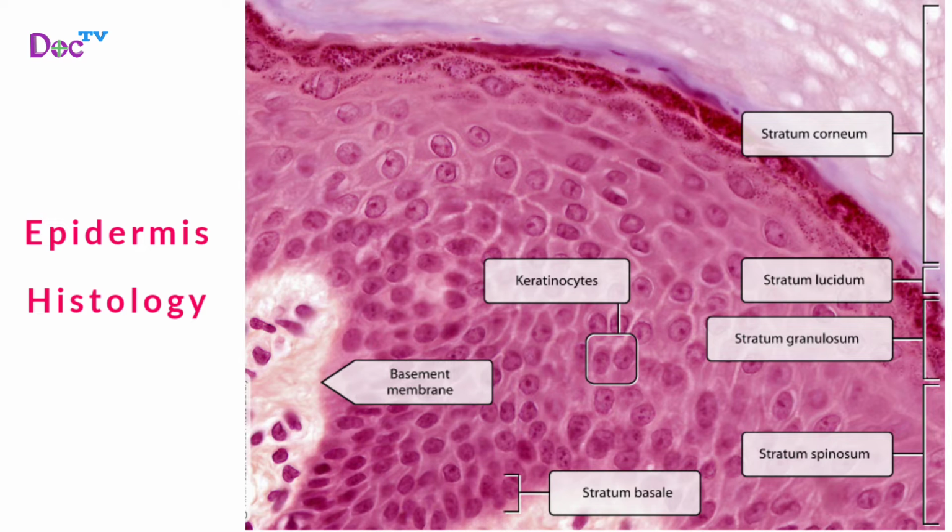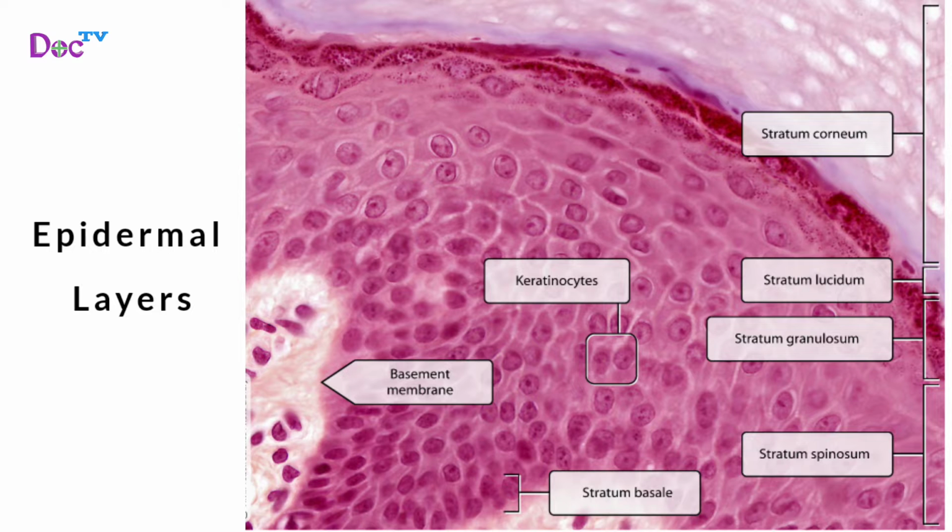So come to the third topic, epidermis histology. Epidermal layers. The epidermis is a stratified squamous epithelium that is composed of 4 or 5 layers depending on its location in the body. The predominant cells, keratinocytes, are produced in the deepest layer, the stratum basale, and they differentiate as they are pushed outward, transitioning into the stratum spinosum, stratum granulosum, stratum lucidum, and stratum corneum.